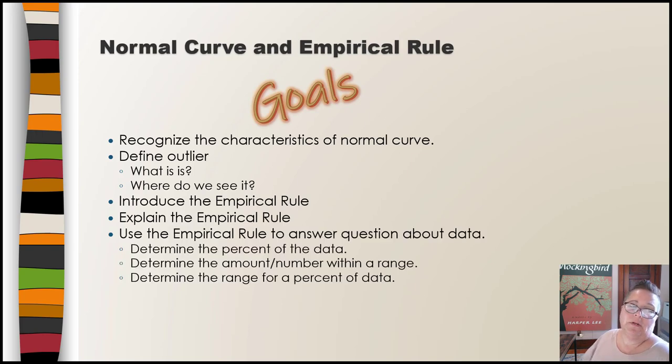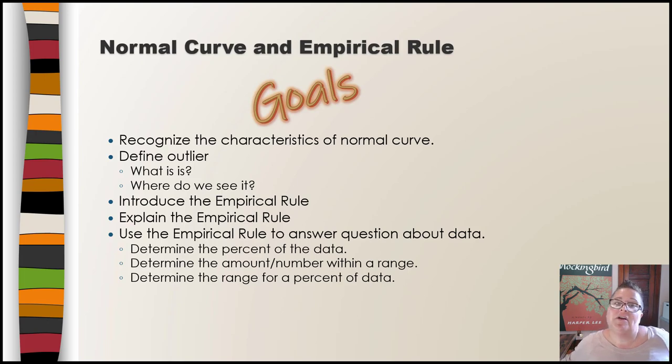We're going to use the empirical rule to answer some questions about our data. We're going to use it to help us determine the percent of a certain range of data, to determine the amount of data within a specific range, and to determine the range for a specific percentage of data.